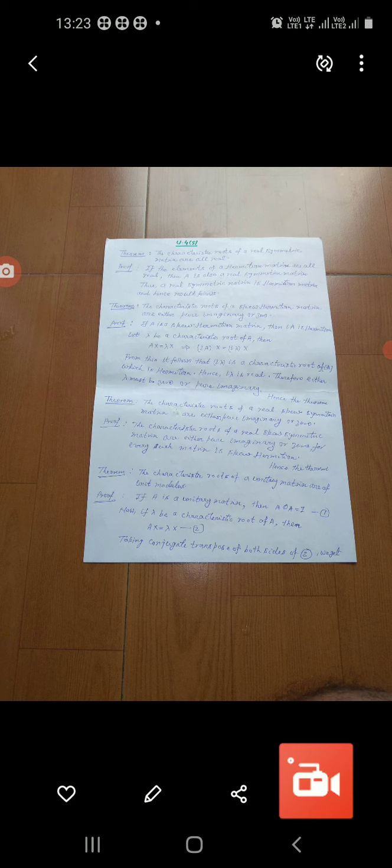Now if lambda is a characteristic root of A, then you can write Ax equals lambda x. This is equation number 2.